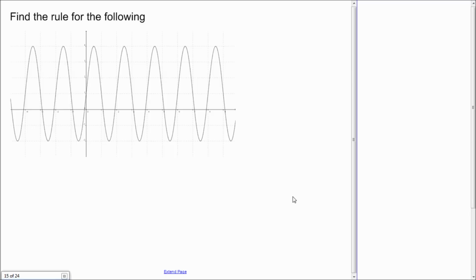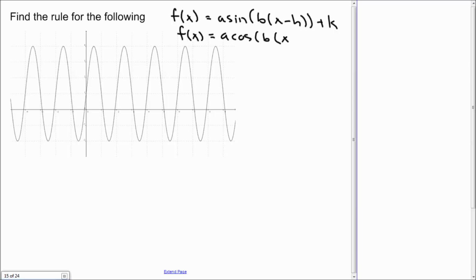Now we notice that right here in front of us we have a sinusoidal function. It is not tangential, and we know it's a sinusoidal because it has some kind of a wave. Now we know that all sinusoidal functions either look like f of x is equal to a sine of b times x minus h plus k, or they look like f of x is equal to a cosine of b x minus h plus k.